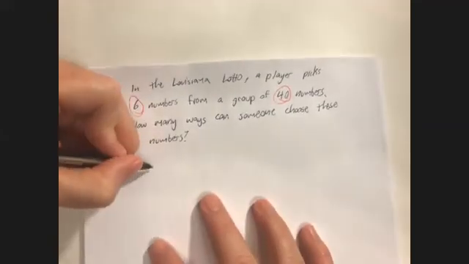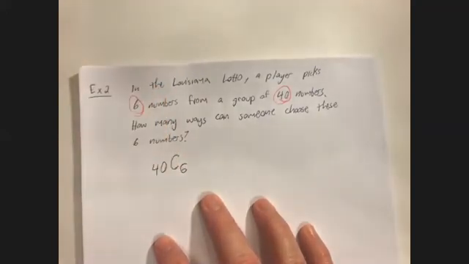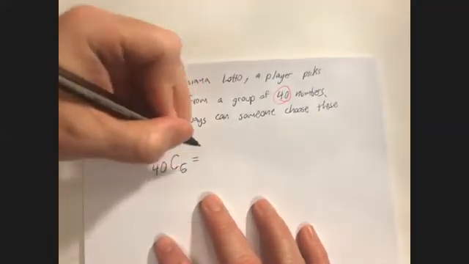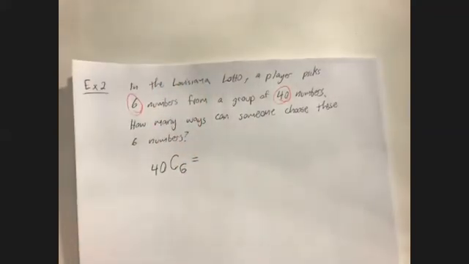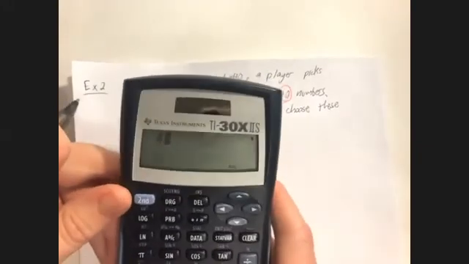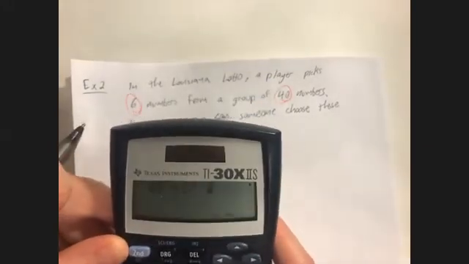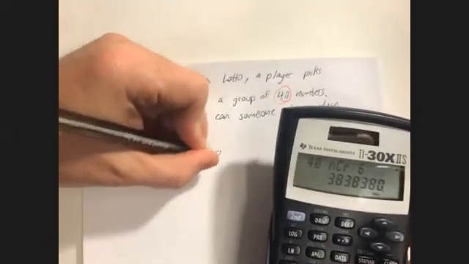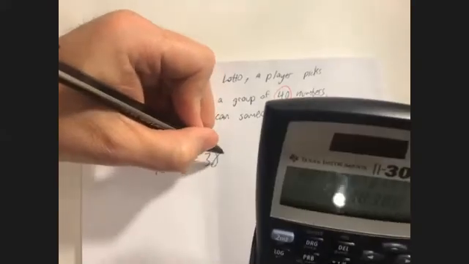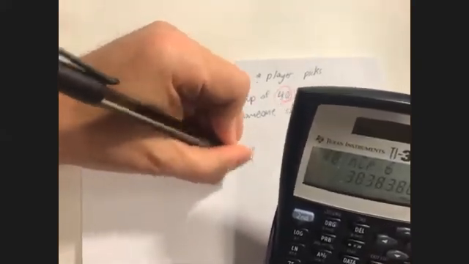In fact, most of the questions in the homework for this section are going to be combination problems. So I'm going to type this in. 40, PRB, nCr, 6. Get a big number: 3,838,380.